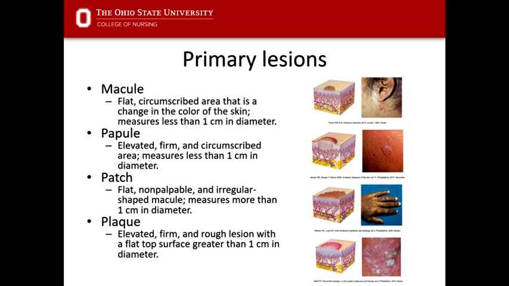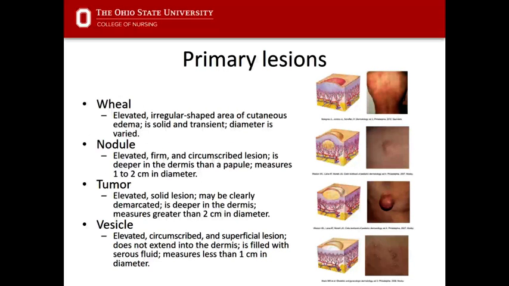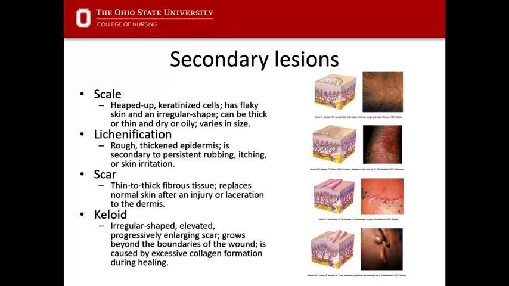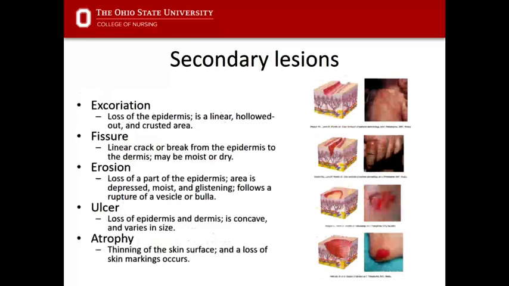So, once again, don't memorize these. This is just really for you to use as a reference, both the primary lesions and the secondary lesions provided to you. All of these images are from your textbook, so you can also refer to your textbook. But I know that some of you, or maybe not all of you, have the textbook, and so now you have these as a reference as well.